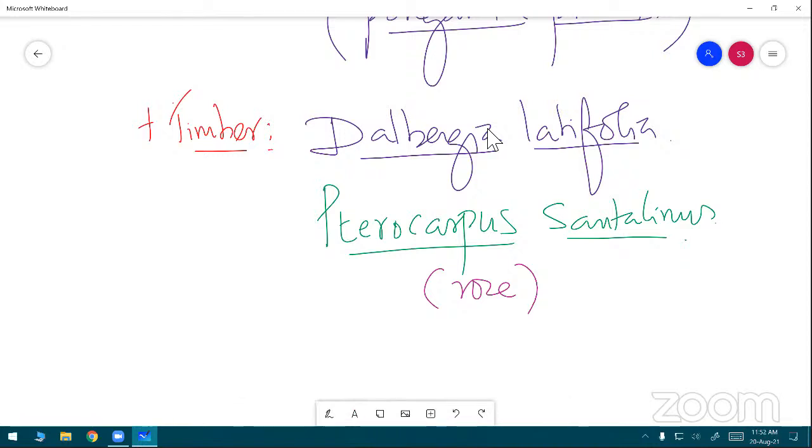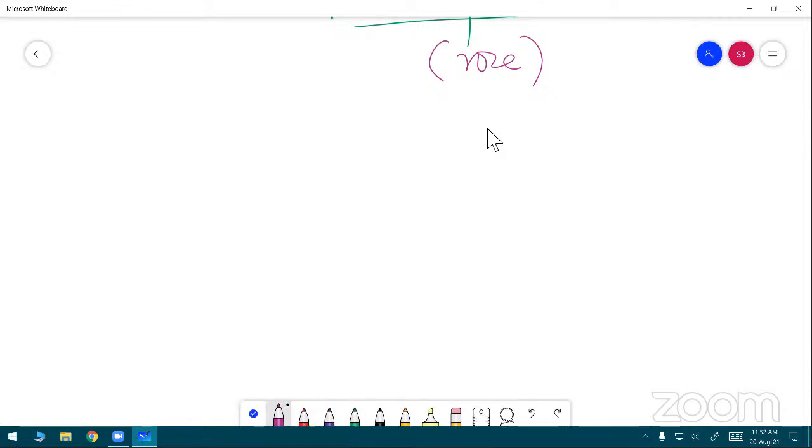And next one is medicinal plants. Some plants are used for medicinal properties, for obtaining some alkaloids, steroids, right? They are called medicinal plants. A few medicinal plants are there. Simply MP means medicinal plant.